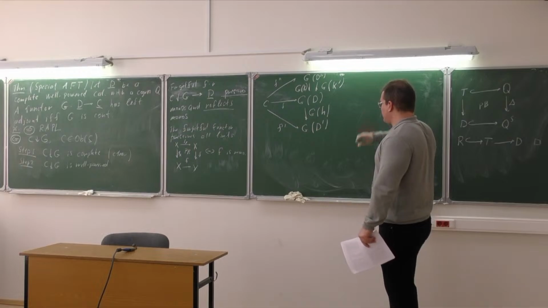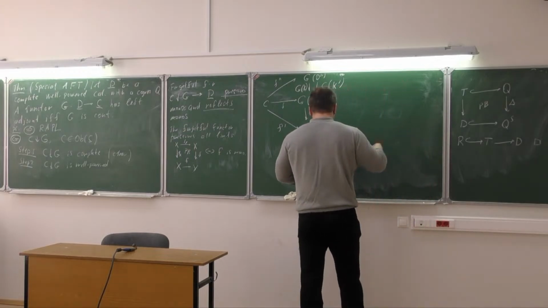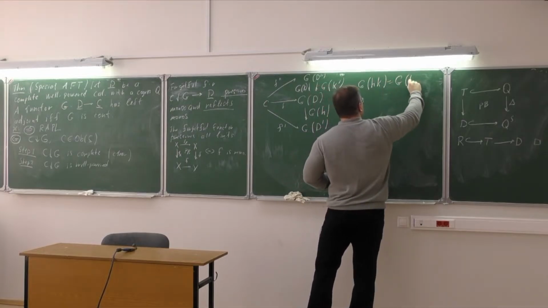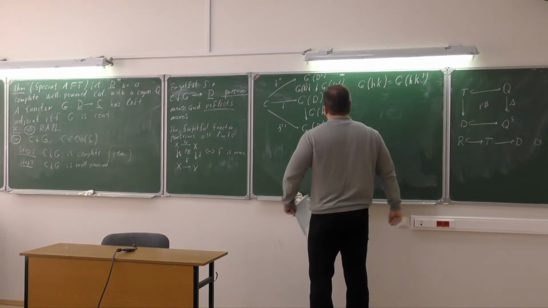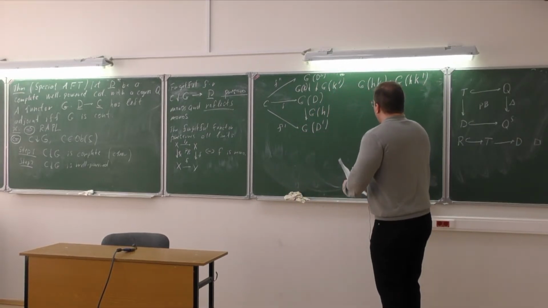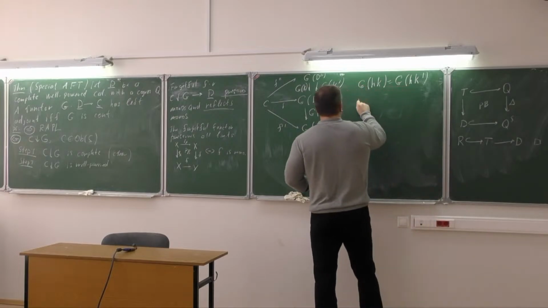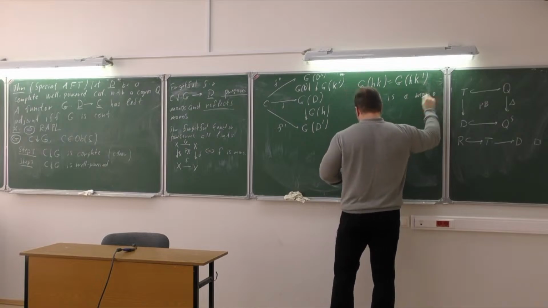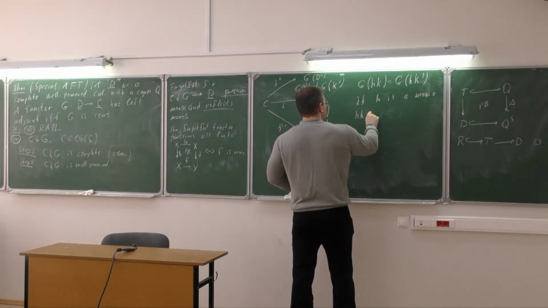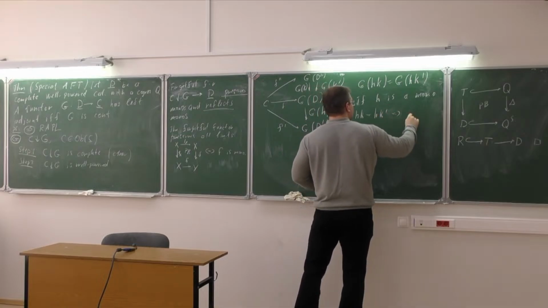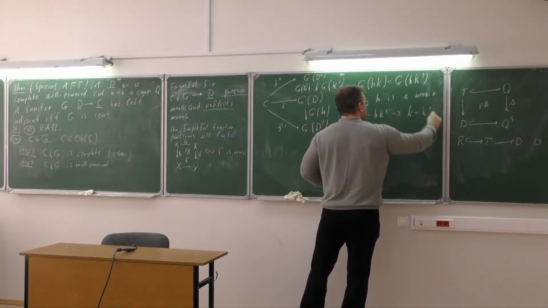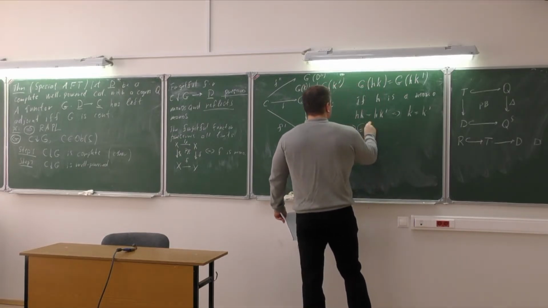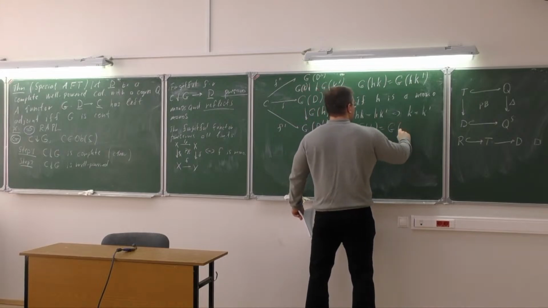If I want to check that this is a monomorphism, I need to assume that G of HK is the same as G of HK prime. And if I know that H is a mono, HK is equal to HK prime, so hence K is equal to K prime. And it means that, of course, G of K is the same as G of K prime.